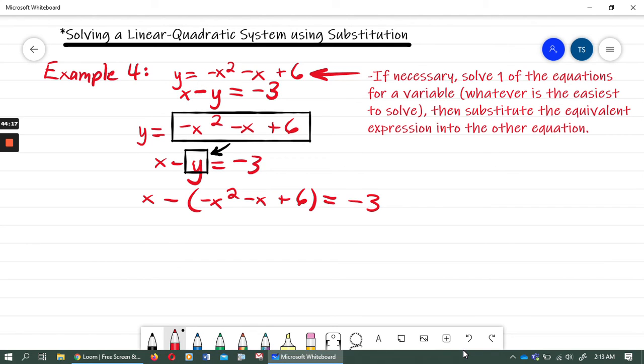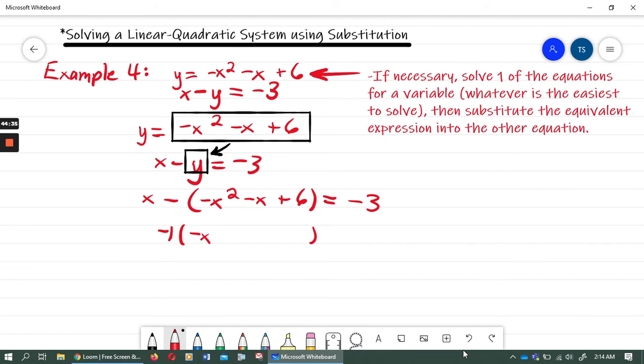But before we look at solving this quadratic equation, let's simplify it here, okay? Here we're able to distribute this negative. Guys, remember that technically in front of that set of parentheses, right now we've got a negative 1.